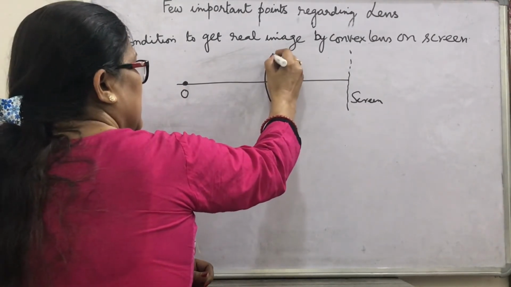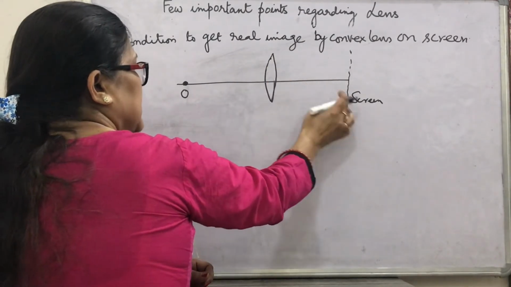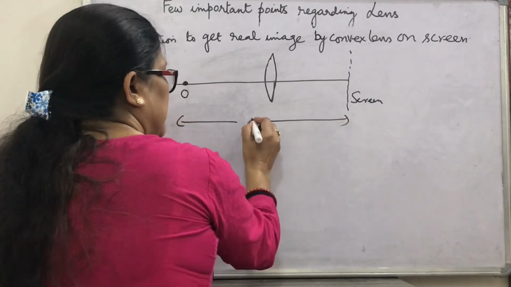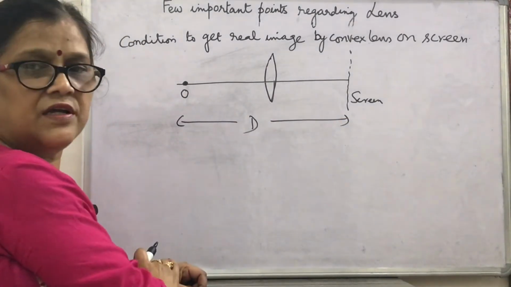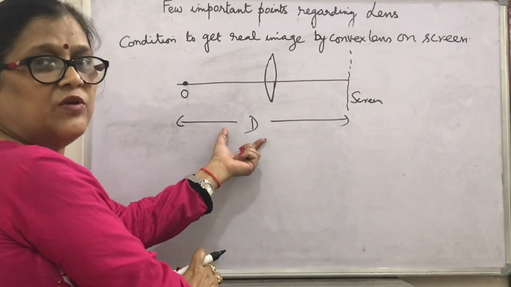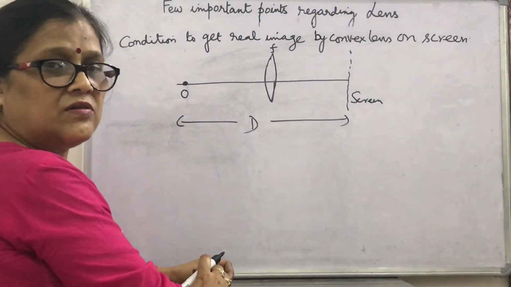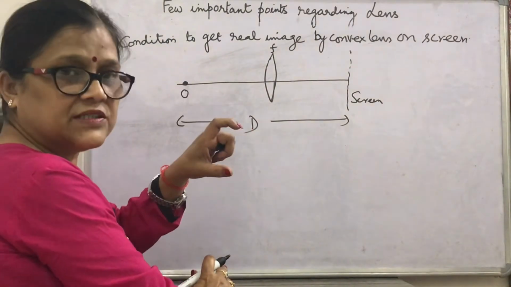How to get a real image at the screen? What should be this distance? Suppose I am writing it as d. If the lens has focal length f, then what should be the condition I am going to discuss?